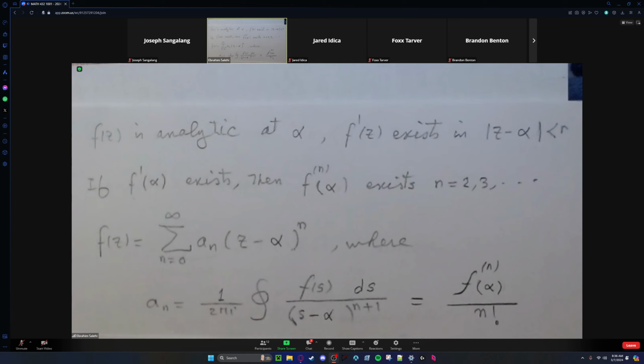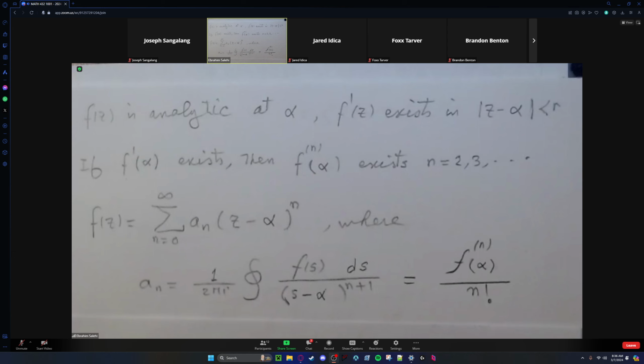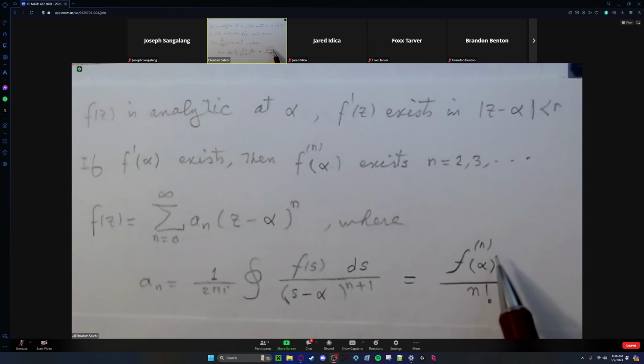Of course, the question is, what about this constant an? That constant an is right here, the nth derivative evaluated at alpha divided by n factorial, that can also be expressed in terms of integration. Now, I am reviewing this because next, when we talk about Laurent series, the Laurent series basically follows the same pattern.